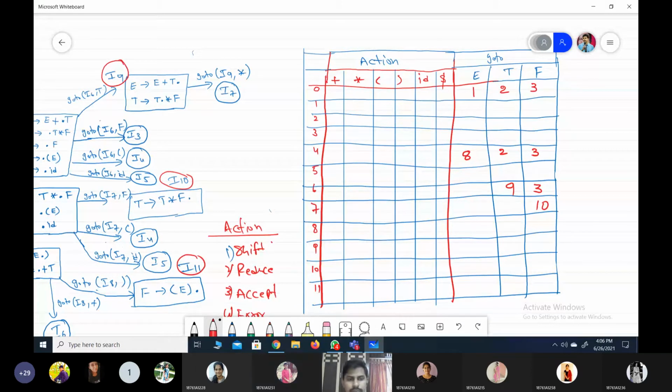I10 on non-terminals: no, sir. I11 on non-terminals: no, sir. That's about the goto part. We have completed the goto part. Just simply, we cross checked on each and every item set whether a non-terminal is applied. If a non-terminal is applied, then whichever state we are moving to, that state we have written. So that's about the goto part.